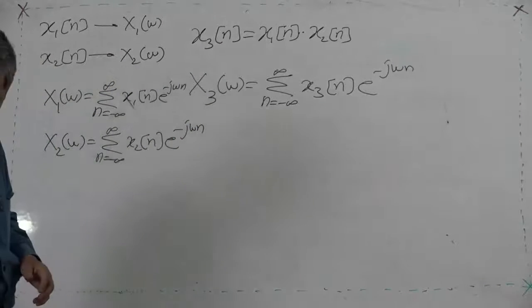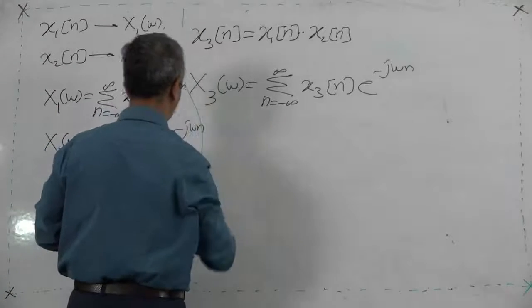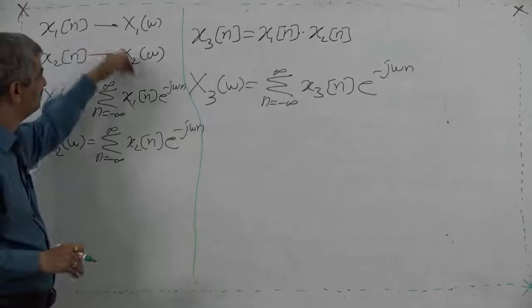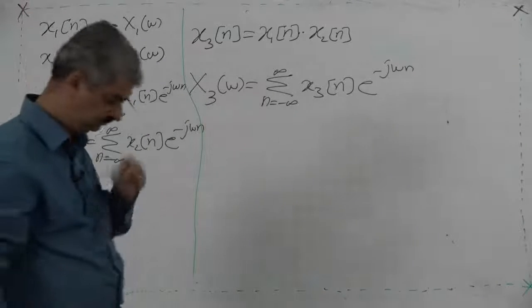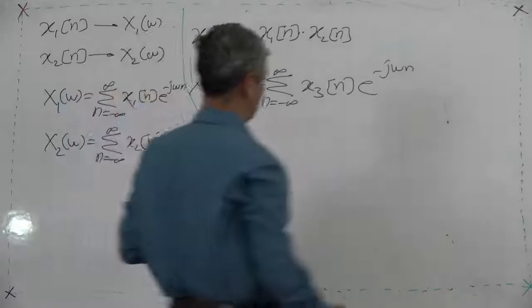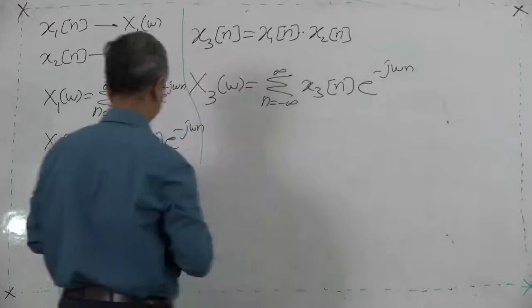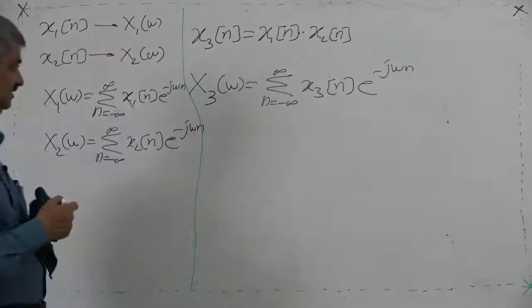So what I want is that whatever value I get for this x3 omega should have some connection with these two. So how do I get that? This is question 1.